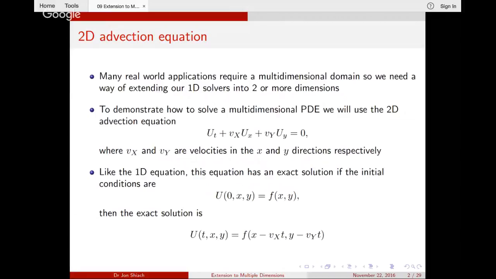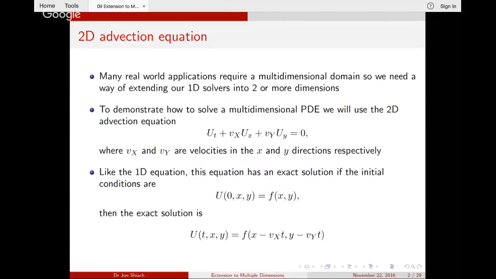To do this, I'm going to be looking at the advection equation, but extended to the y direction as well. Just to recall, the advection equation is the derivative of u with respect to t plus the velocity times u differentiated with respect to x equals 0.